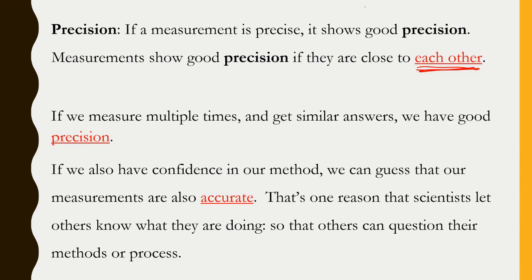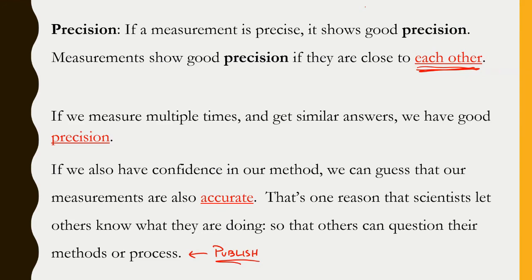This is essentially what scientists are doing when they publish. They publish their results, and by publishing their results, they can let other people know what they did. And if there are flaws in their experiment, this is where people can say, hey, here's something that you overlooked.